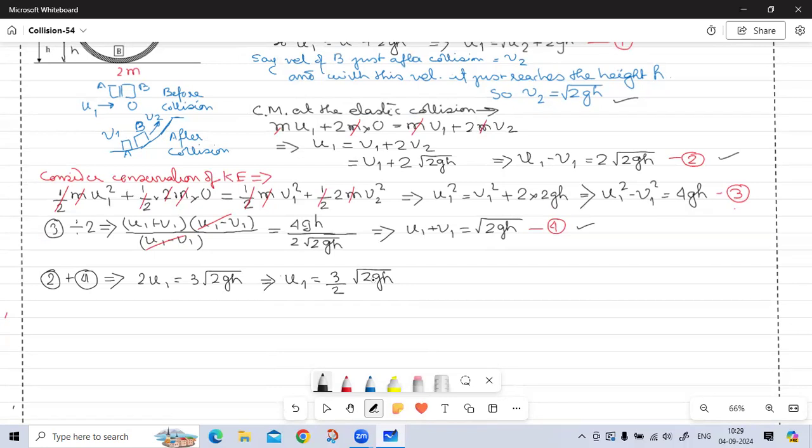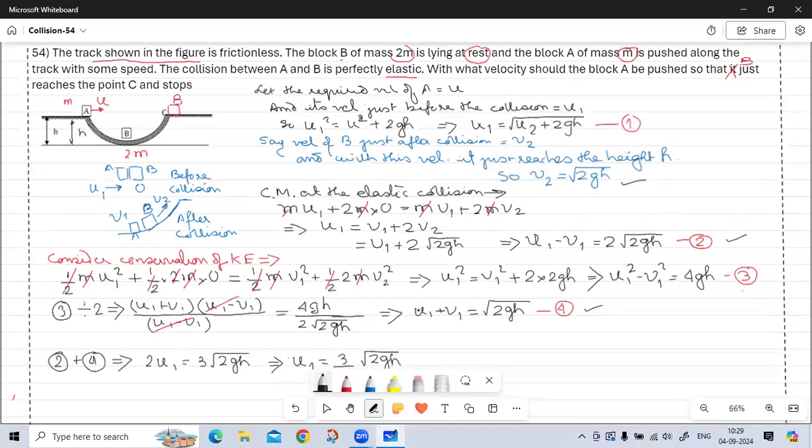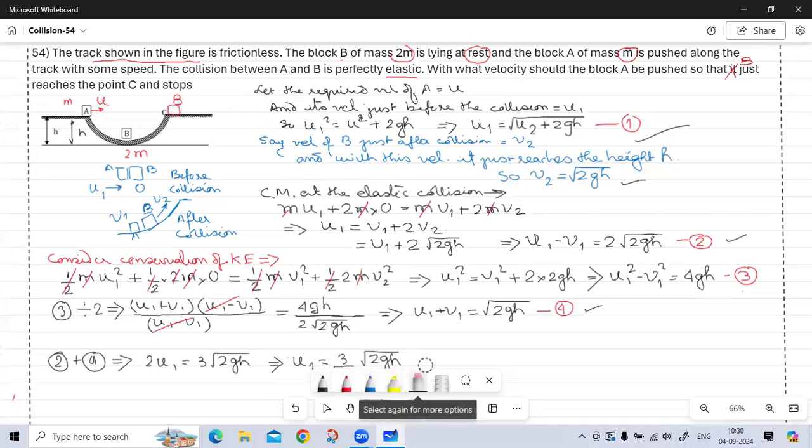Now let's go to relation 1, where a relation between u1 and u is given. Here, there was a little mistake. This 2 was not here.